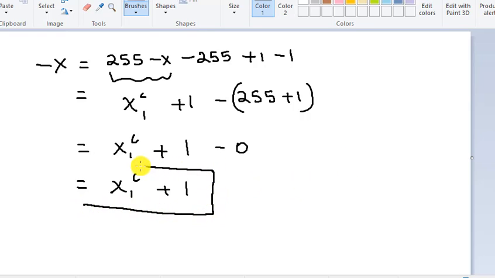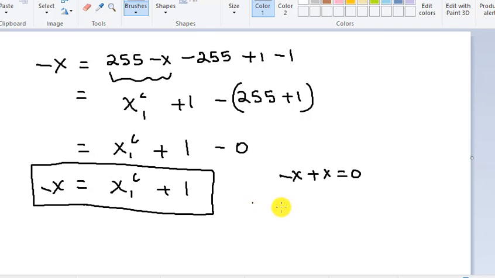This is the theory behind, the proof behind minus x representation. And here, look at here, minus x plus x in general should be 0, right?